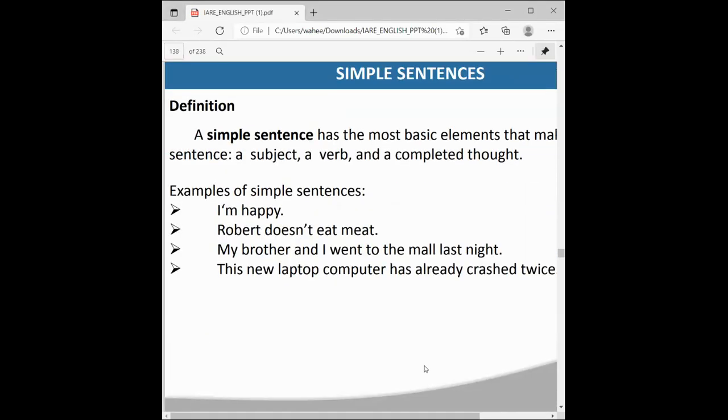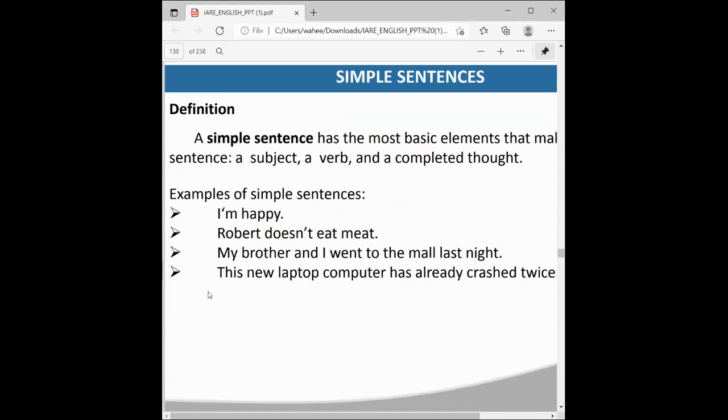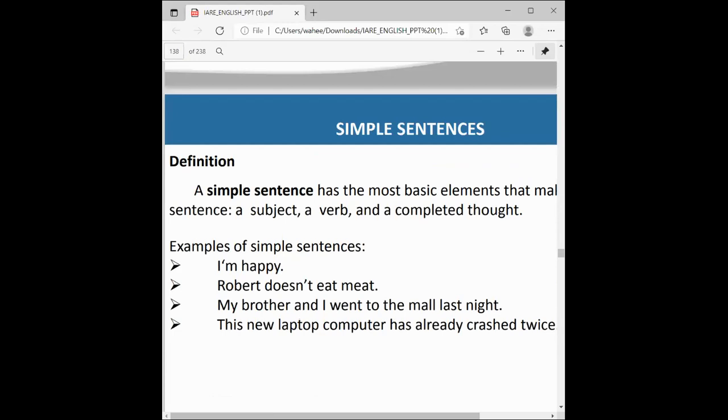A simple sentence has the most basic elements that make a sentence: a subject, a verb, and a completed thought. Examples of simple sentences are: I am happy.